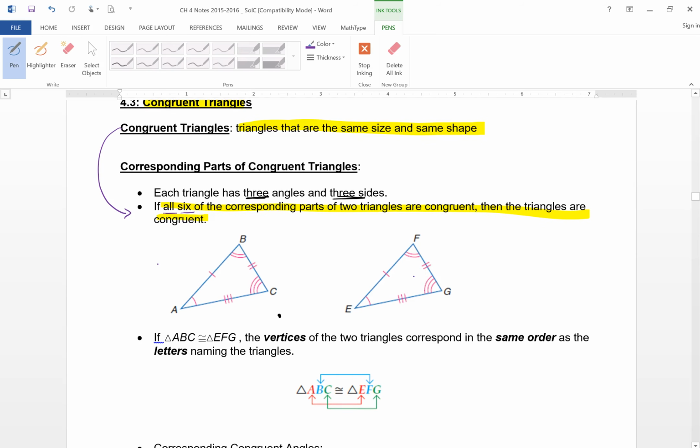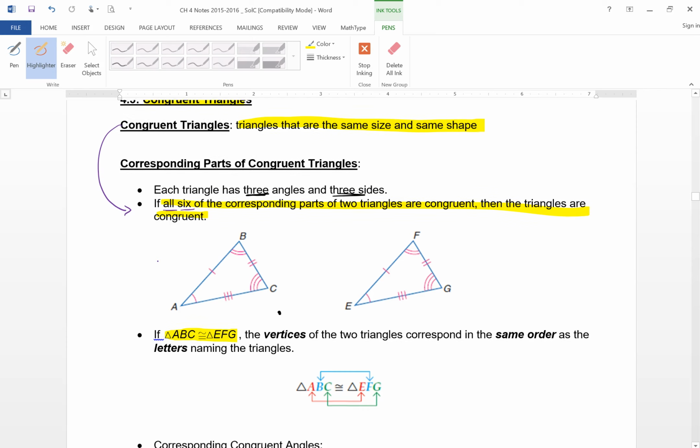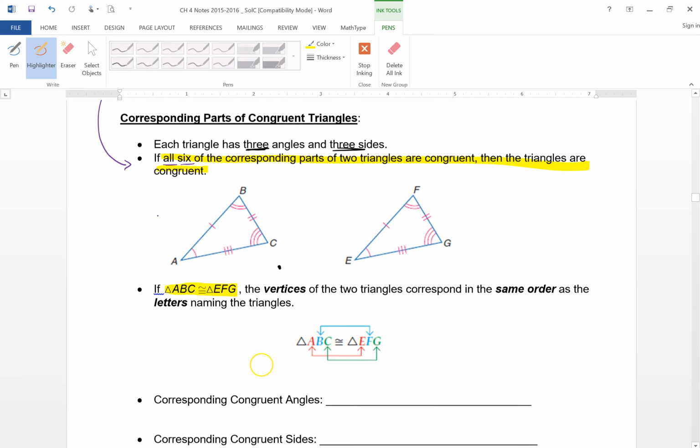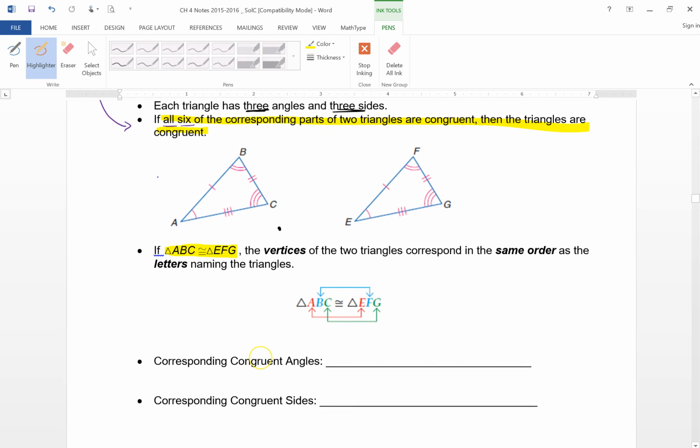Now, suppose you're told that triangle ABC is congruent to triangle EFG. If that's the case, the vertices of the 2 triangles correspond in the same order as the letters naming the triangle. Okay?